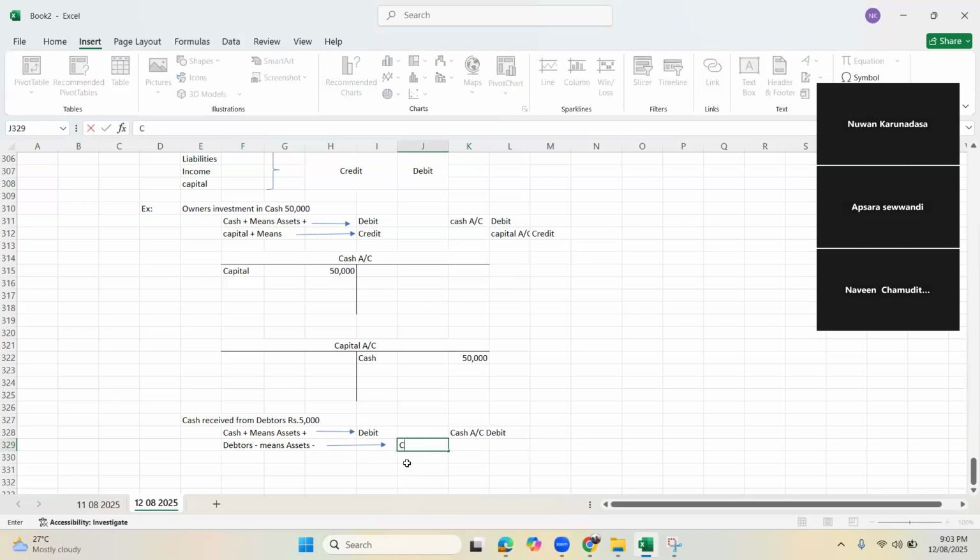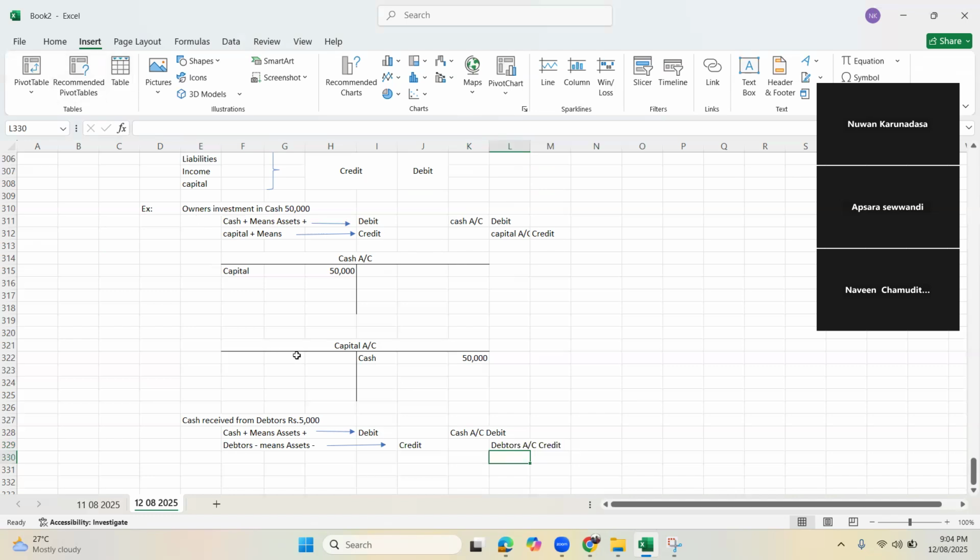So the debtors account credit. See, this is the way we will write the double entry.